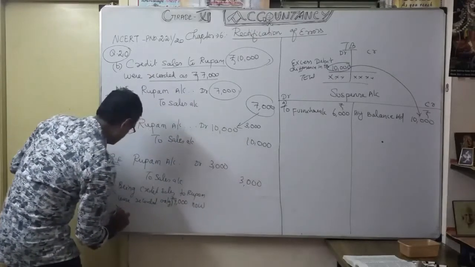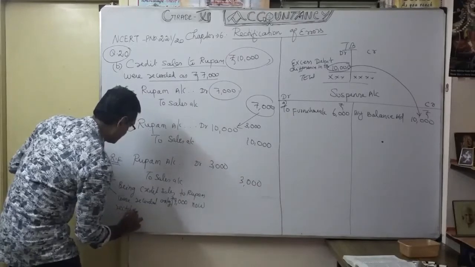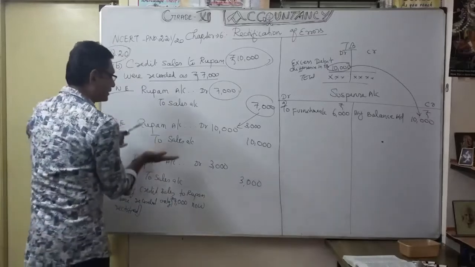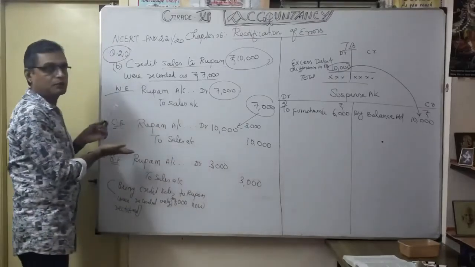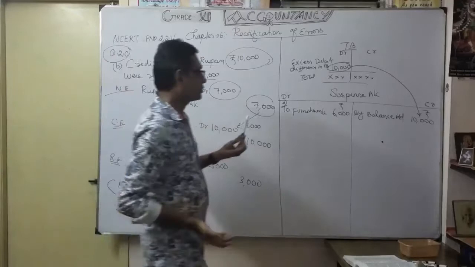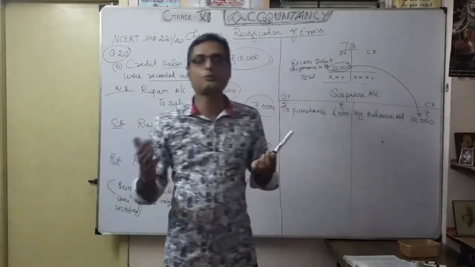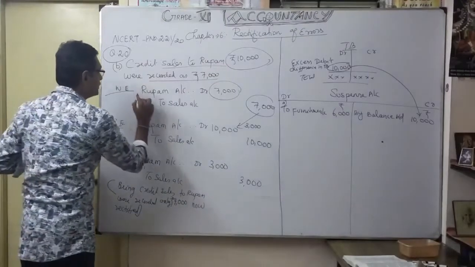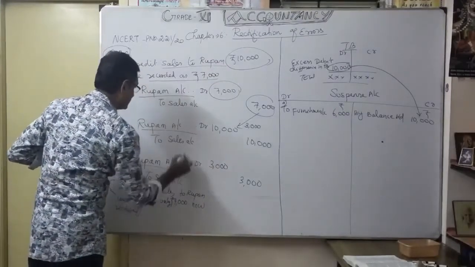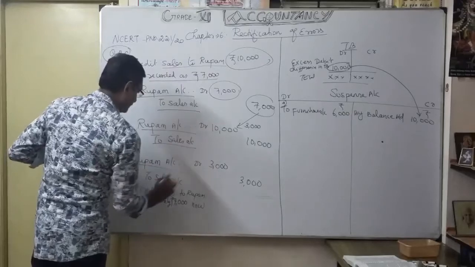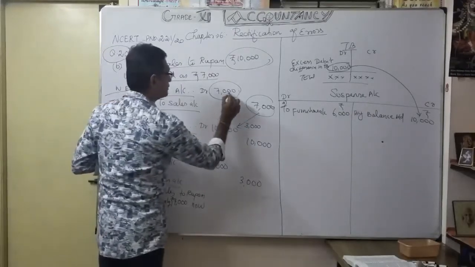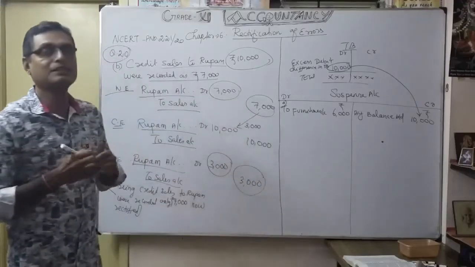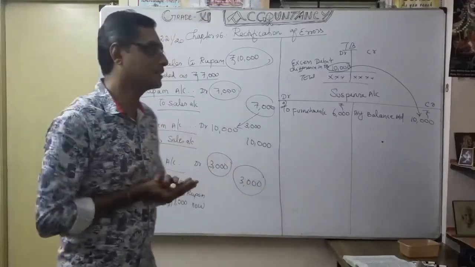Understood now? That's our second one. But here there is no question of a one-sided error, so no need to write the suspense account, and no posting to the suspense account here. That's very, very important. All the entries are the same. The only thing is the amount: 7,000, 10,000, and here 3,000. The difference is what you give the effect for. Understood now? That's why it's very, very important here.